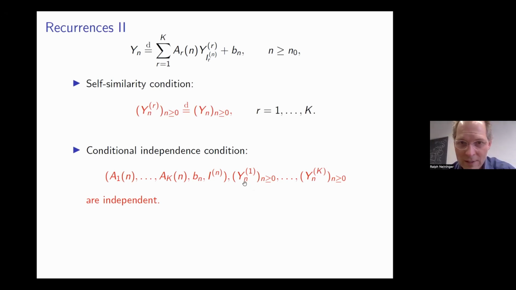So these sequences which appear on the right-hand side need to be independent of themselves and also independent of this vector of all these coefficients. And in this setting, many theorems have been established and many applications have been given within the analysis of algorithms community, and also outside the AofA.